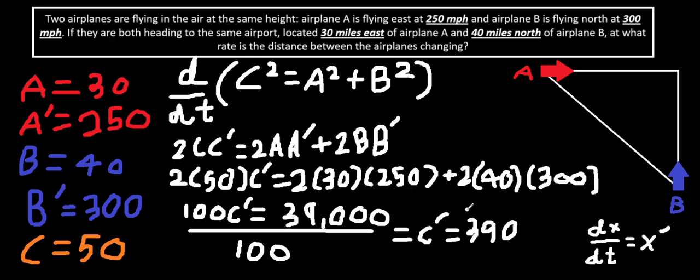Now we need to add its unit of measurement. Luckily for us, since this is a rate of change and we're measuring in miles, our final answer will be C prime equals 390 miles per hour.